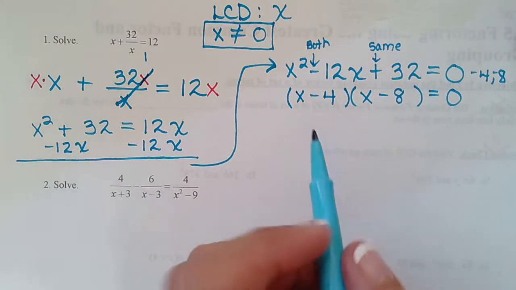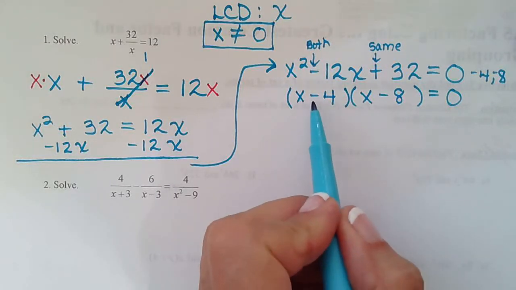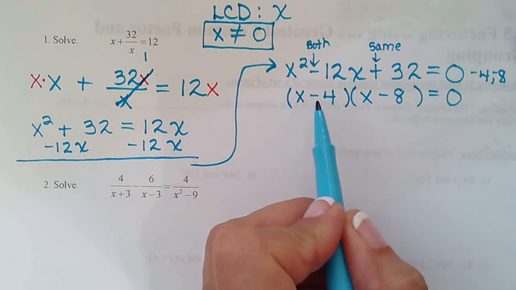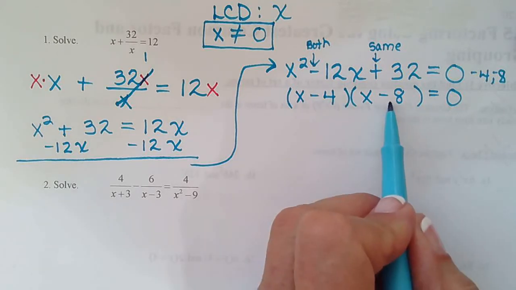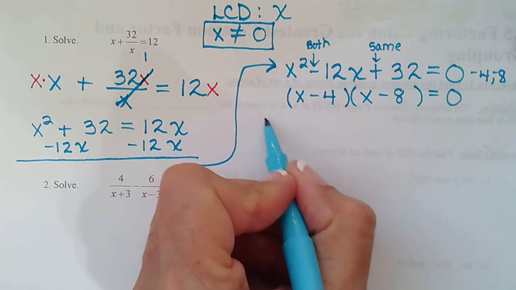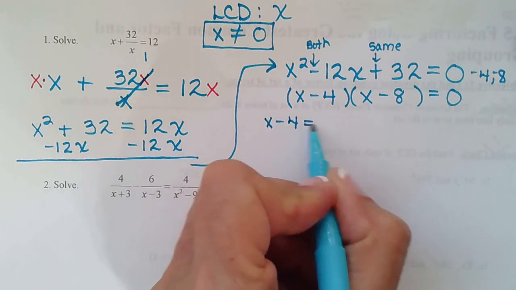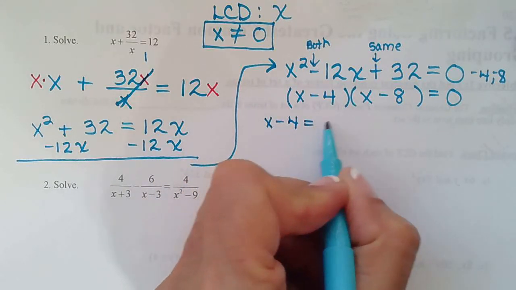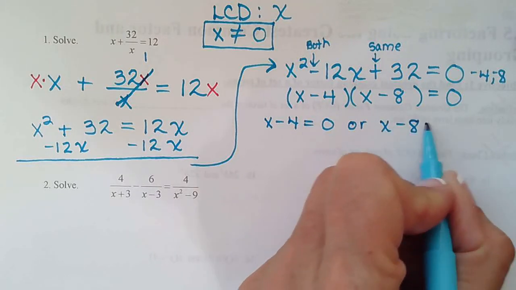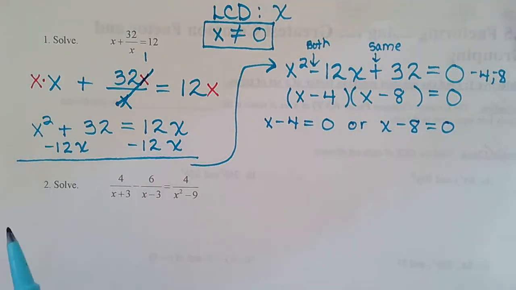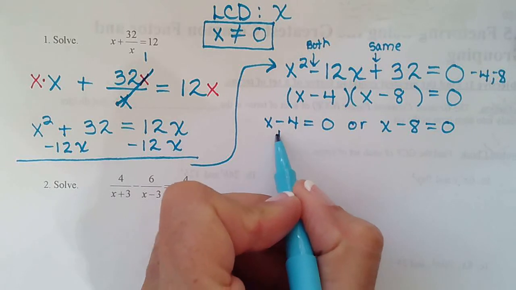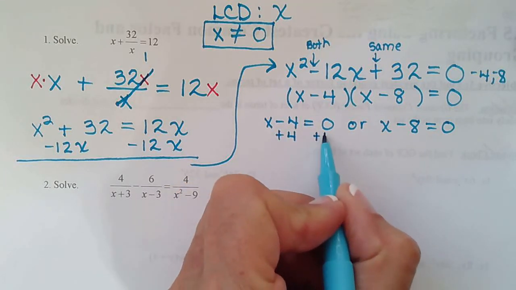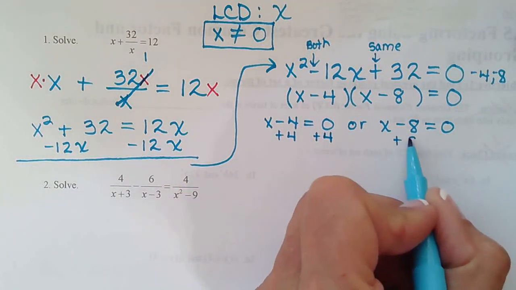And then also from chapter 4, section 4.8, we learned the zero product rule. If A times B equals 0, then either A is 0 or B is 0. And so that will give us our two possible solutions.